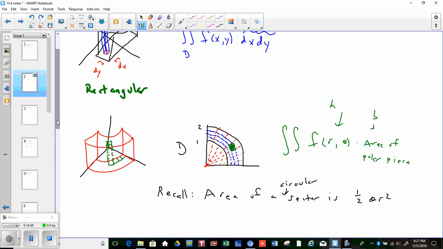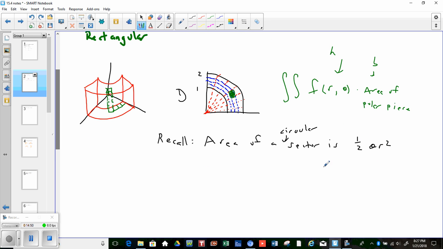While this next part is not really a proof, it does show you that it works for things we know. The area of a full circle is pi r squared. If you think about it, theta there would be 2 pi, so that's 1/2 times 2 pi times r squared.